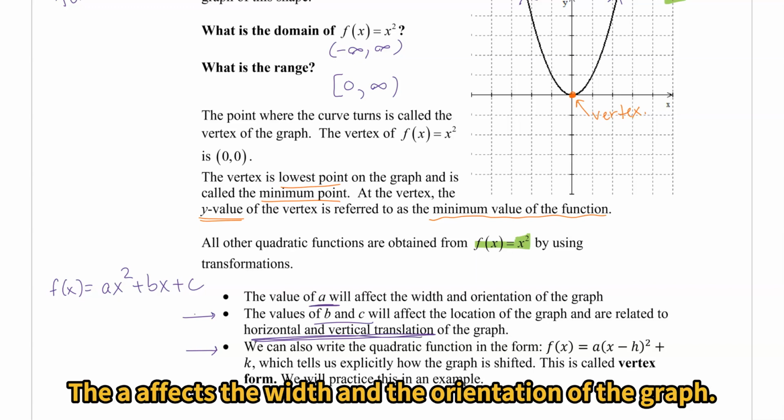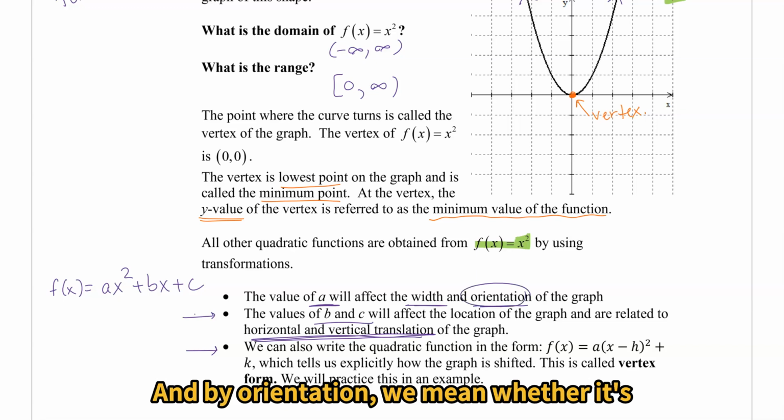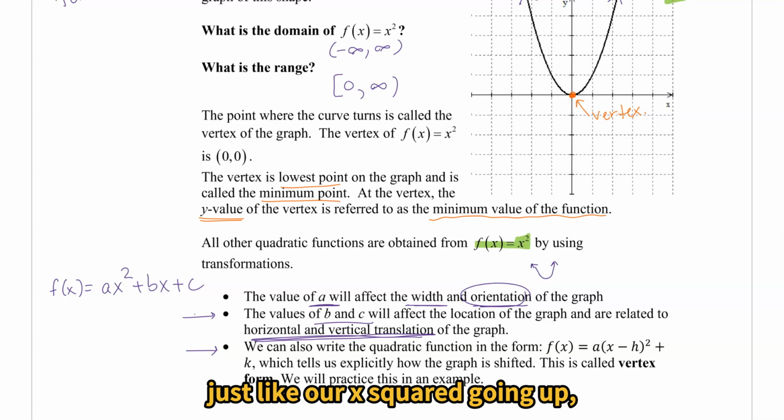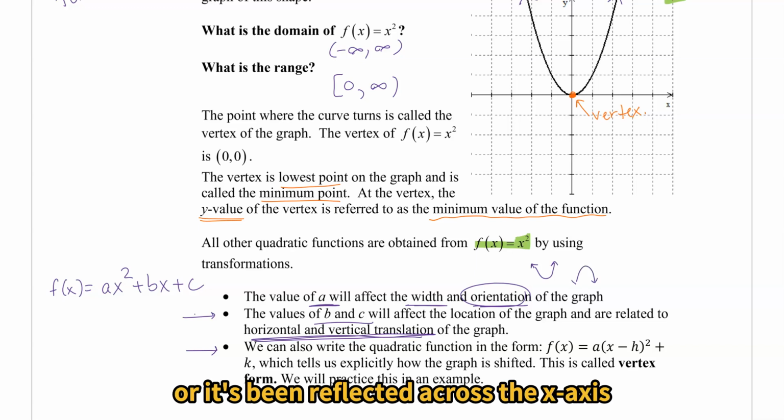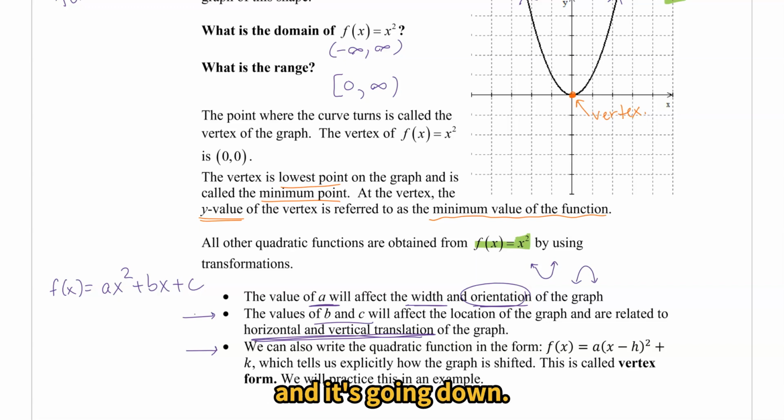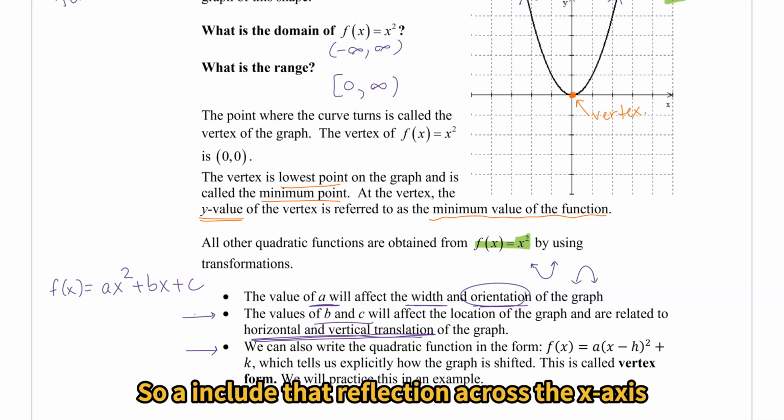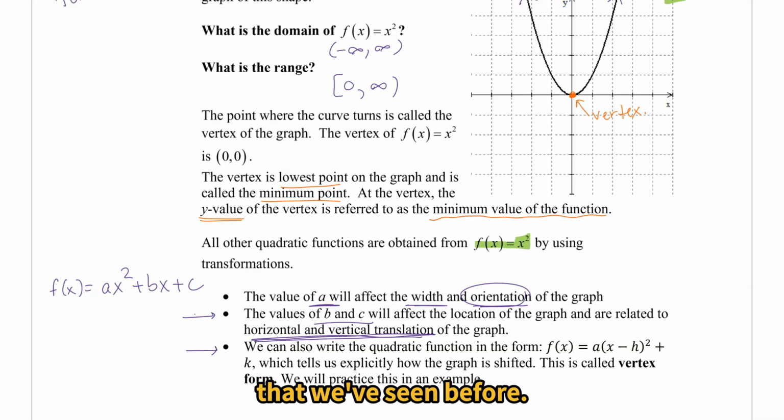The a affects the width and the orientation of the graph. And by orientation, we mean whether it's just like our x squared going up, or it's been reflected across the x-axis and it's going down. So a includes that reflection across the x-axis that we've seen before.